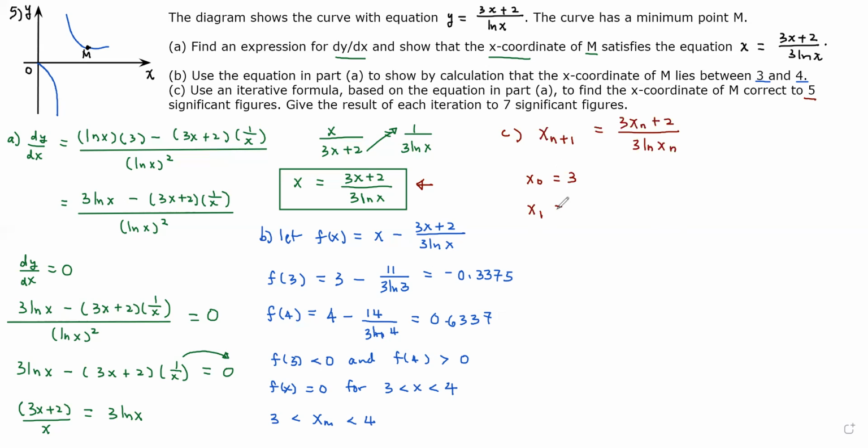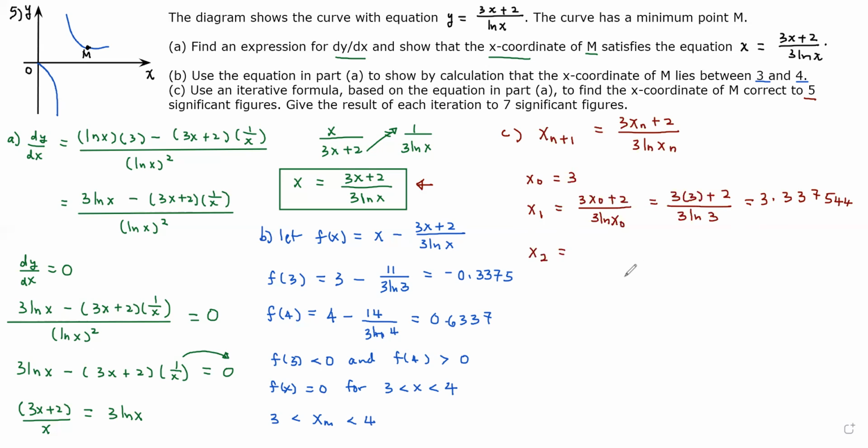Then x1 here is (3 x naught plus 2) over 3 ln x naught. So that is (3 times 3 plus 2) over 3 ln 3. And that has a value of 3.337544 to 7 significant figures.